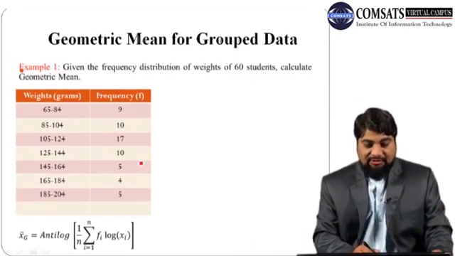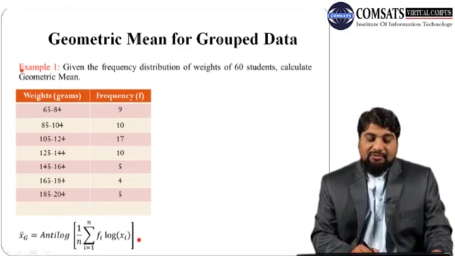First write the formula of geometric mean and then observe what things we want to calculate from this frequency distribution. Just by looking at the formula we can see that we need this x, which represents the midpoints or the class marks.